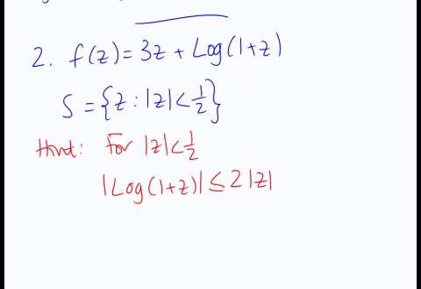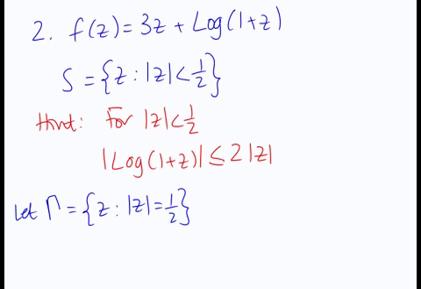What I now have to do is define my gamma. So we'll let gamma equal again the boundary. So we'll take the modulus of z to equal a half. And g of z has to be the dominant term on gamma. And so in this case, g of z will be 3z.